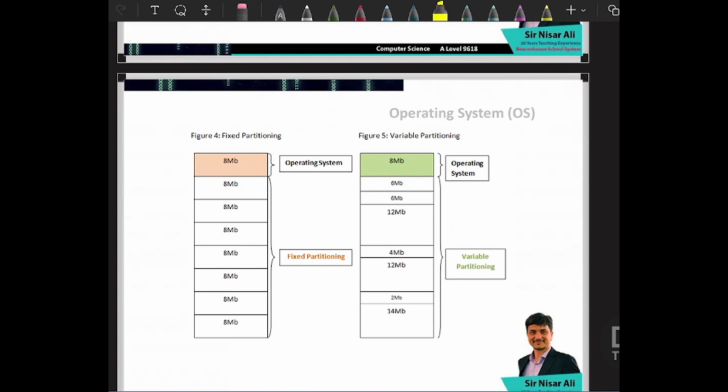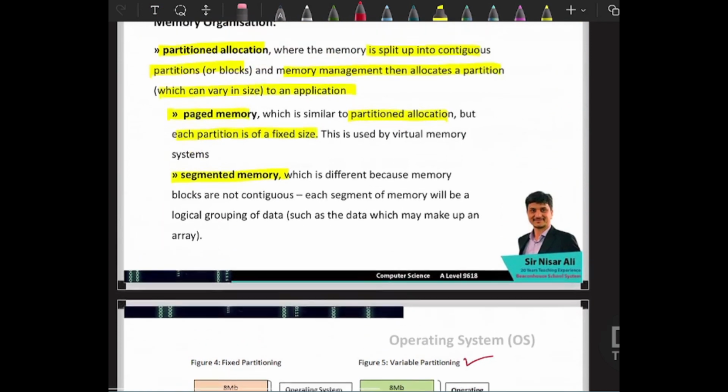So whenever an application requires memory, it may be given 2 chunks, 1 chunk, or 3 or 4 chunks, but definitely they will get equal size of chunk. But on the other side, in variable partitioning, the memory is provided as per the requirement.